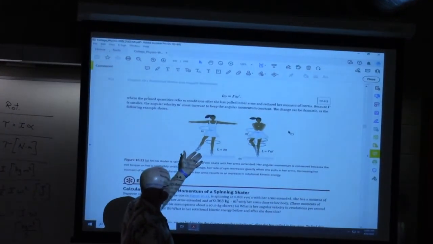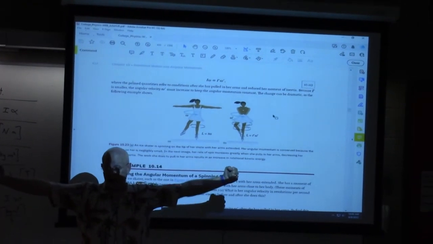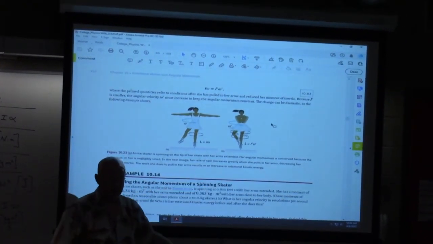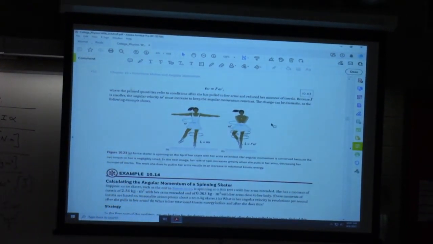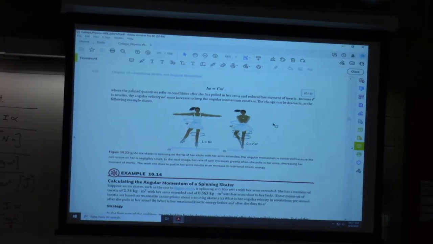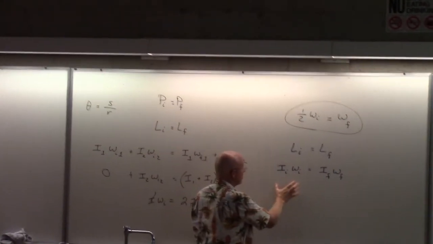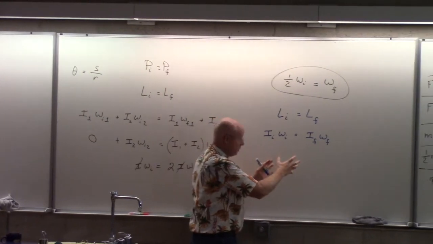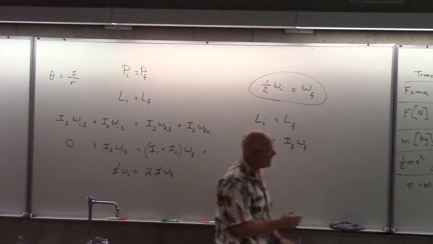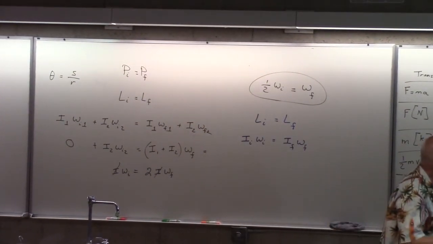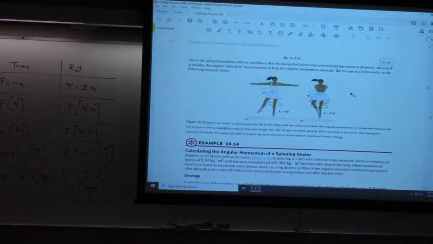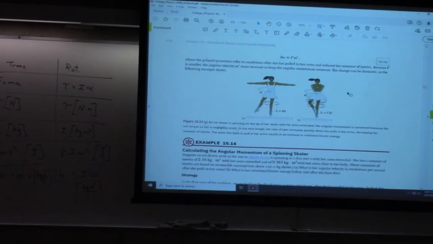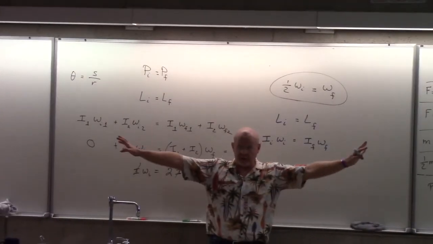And this ice skater is a good example of that. She's got her arms out here spinning around. And so looking at her right now with her arms out, as opposed to what she's about to do, which is to pull her arms, and I think her leg too, yeah, and everything tightly in, that's going to change her moment of inertia. Now remember, moment of inertia has to do with how far out the mass is.